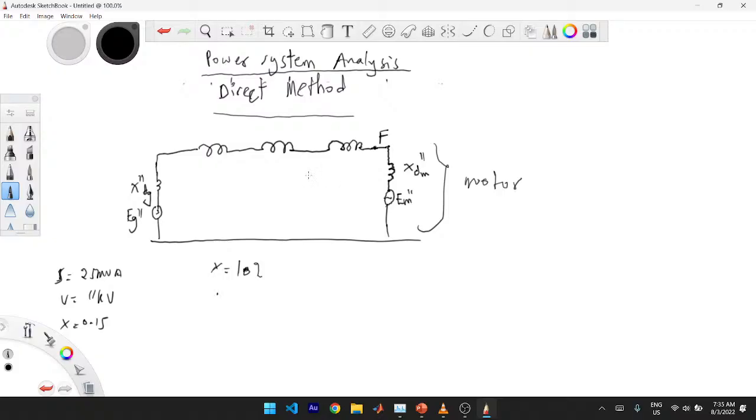Just before the fault occurred, the voltage of the motor was 10.6 kilovolts, and the power was 15 megawatts.